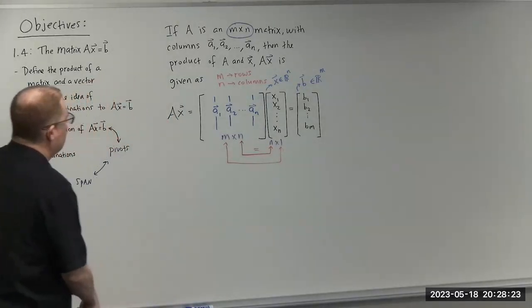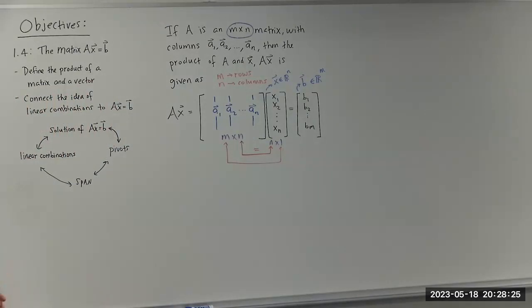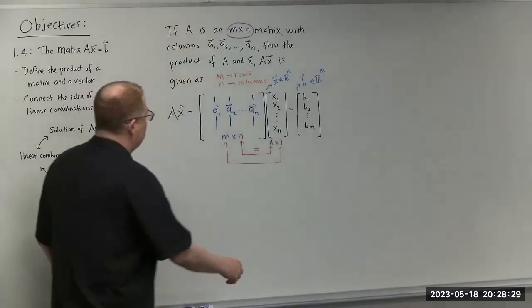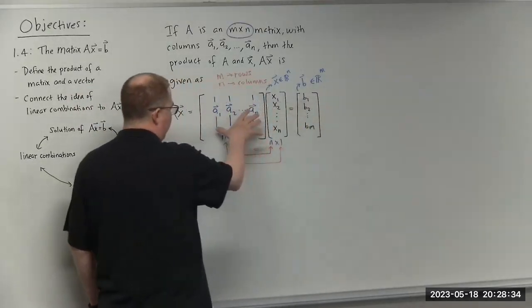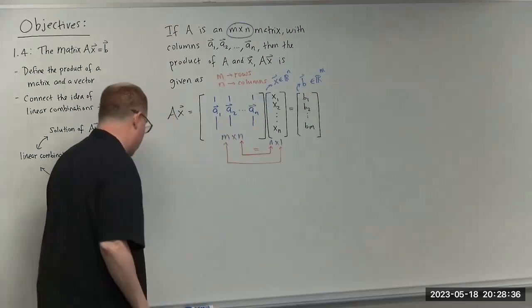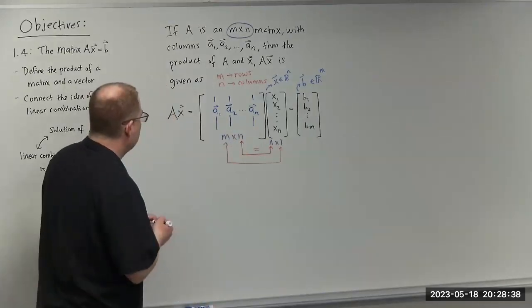So what does this really give us? What are these basically, in terms of what we have here? Let's take a closer look.